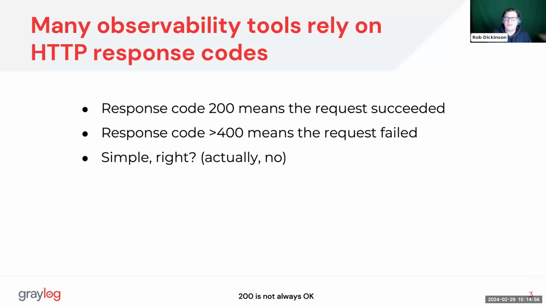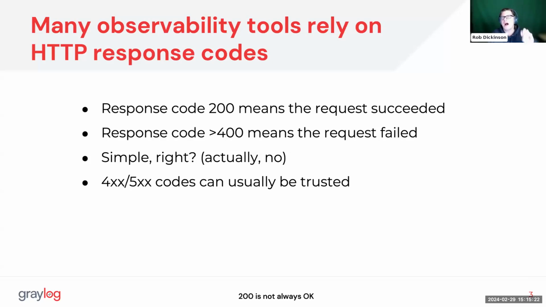But the reality is that modern systems and even older systems, it's not really this simple. And the way that breaks down is that these 4XX, 5XX, the 400s and 500s codes, those can usually be trusted. So if you see one of those, that's typically a fairly reliable indicator that there was actually a problem, if not the exact class of the problem that needs to be addressed.